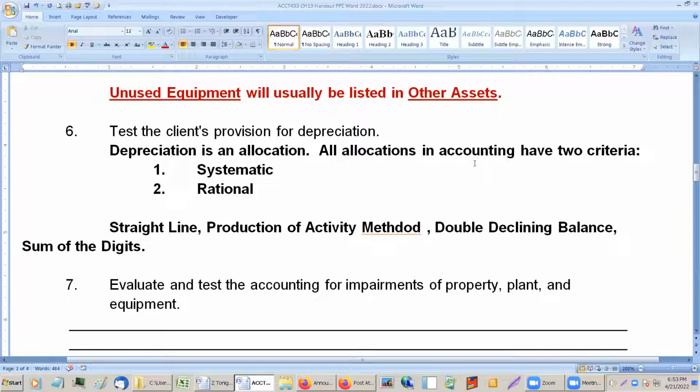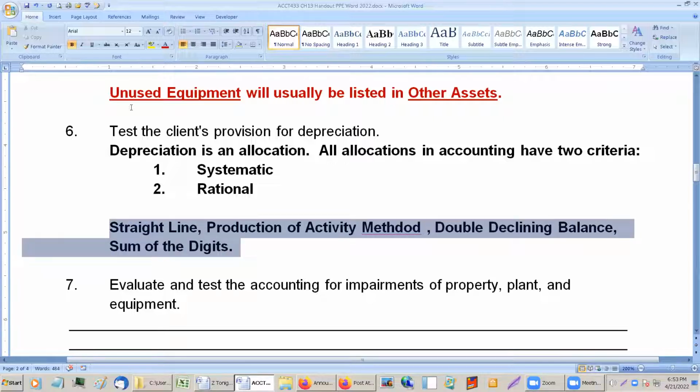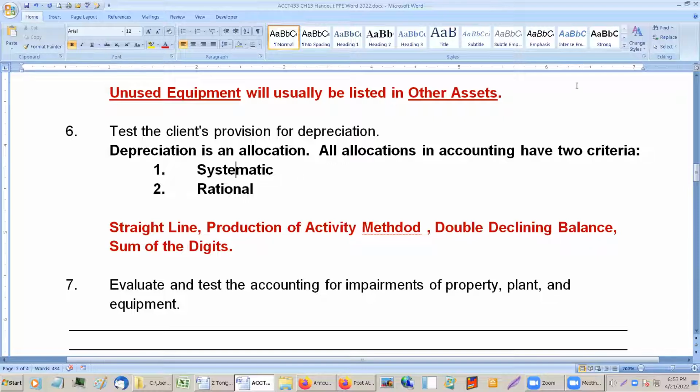There's a number of normal ways that they have of doing these. So these are kind of the ones that they would normally have. But all of these must be systematic and rational. These are the 2 criteria. Just because we have these different methods doesn't mean that there aren't additional ways of doing it. There are, and in other circumstances, you could use those. But systematic and rational.